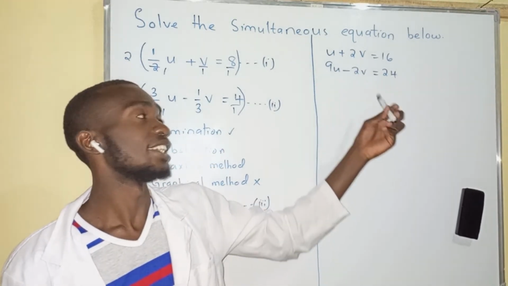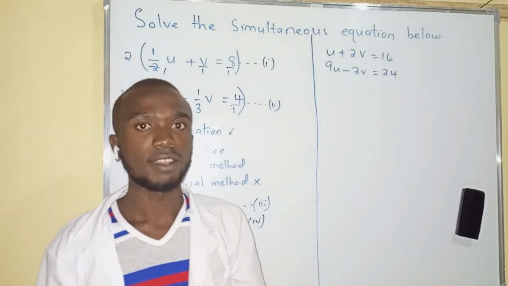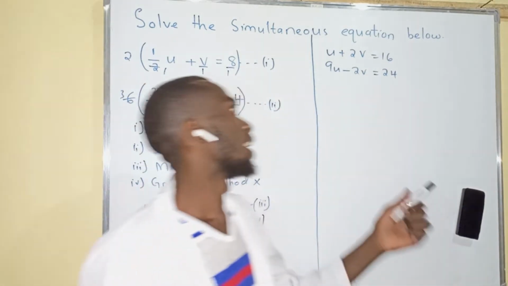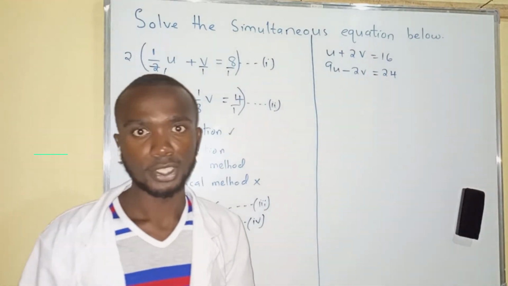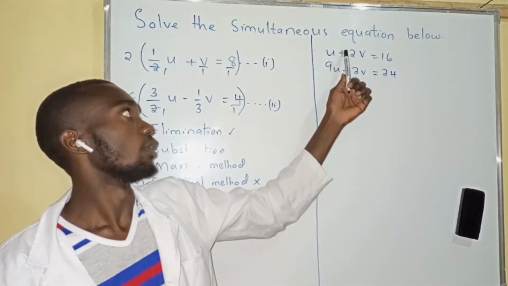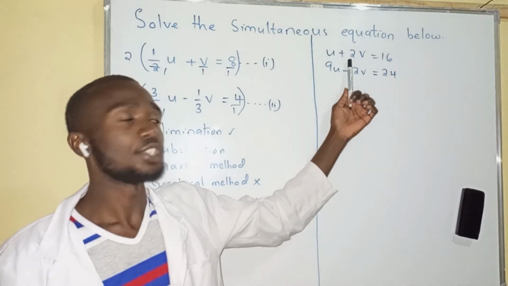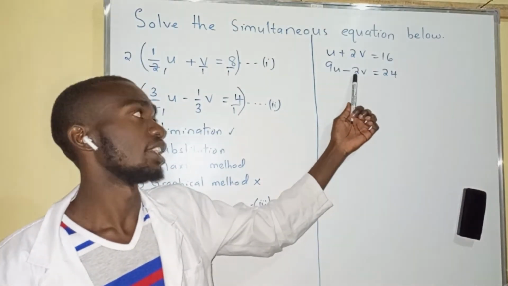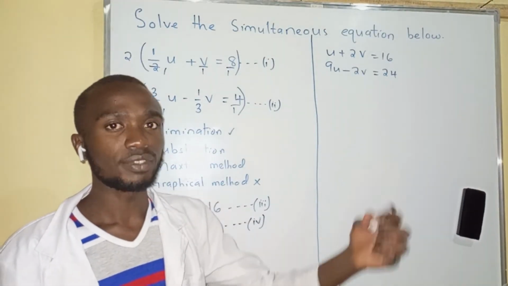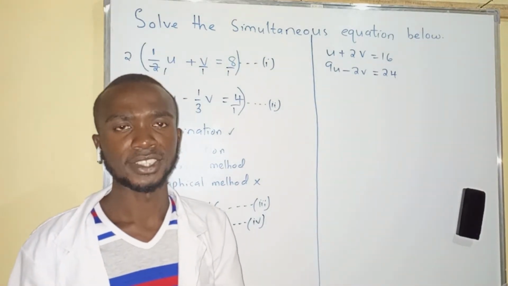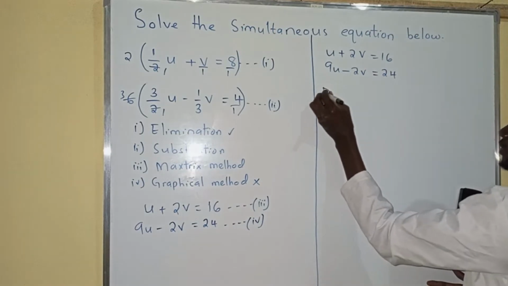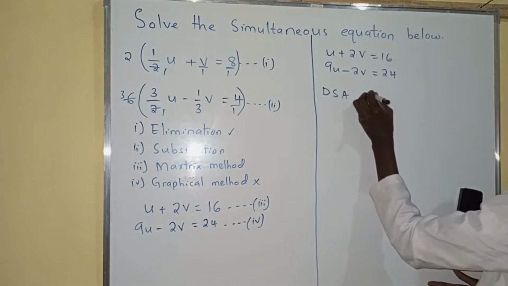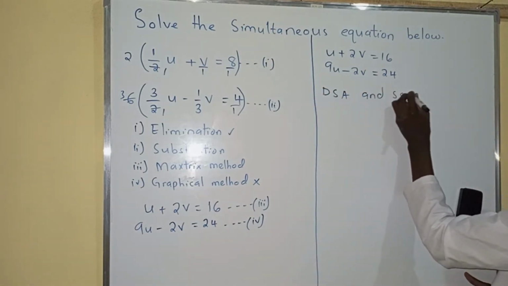So I can easily eliminate v and be left with u alone and the numbers after the equal sign. Now how am I going to eliminate v? I have the positive sign and the negative sign, so I'm going to apply the rule of different sign add and same sign subtract, the DSA.